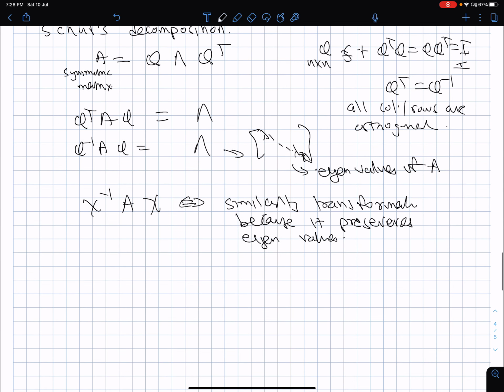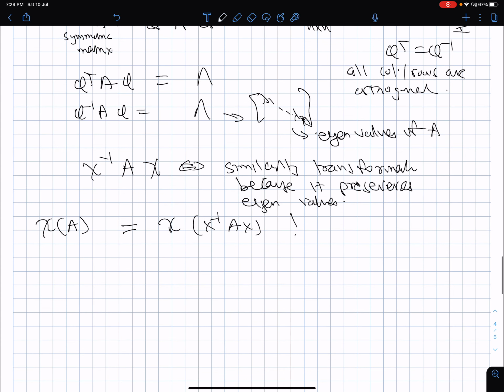So if all the eigenvalues are preserved, then what does it mean? The characteristic polynomial of A and the characteristic polynomial of X inverse AX should be the same, is it not? So let's verify that.